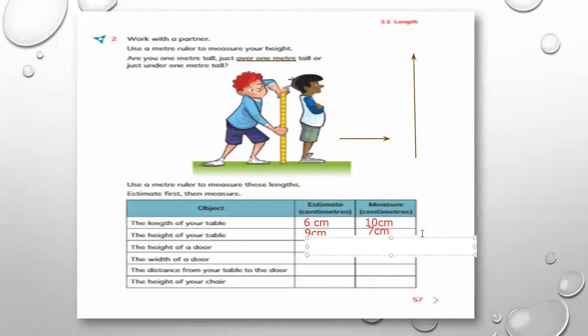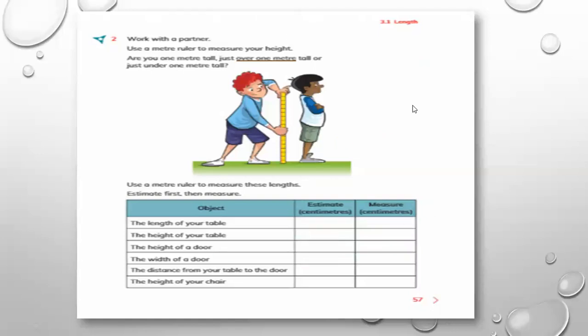Let's see, it is 12 centimeter, but when we measure, it is 15 centimeter. So measurements have actual values, and estimation can be a guess. So that is all from this question. Likewise, we are going to complete the rest of the questions.